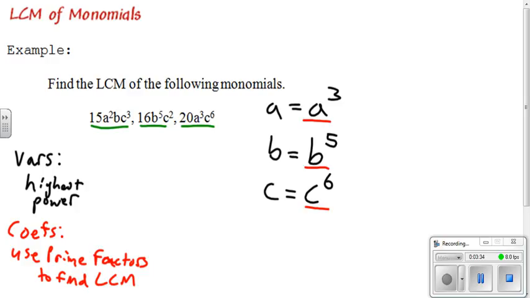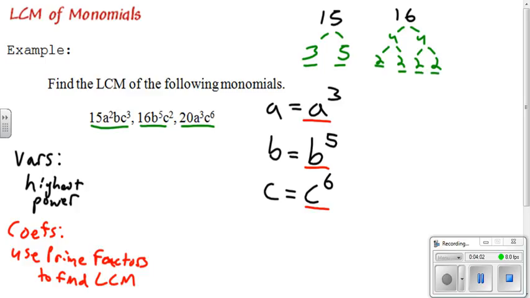Now we need to look at our coefficients. 15 is one of them. We can break that down into 3 and 5. And that's the smallest prime factorization that we're going to get from that. 16 we can break down into 4 and 4, which each would break down even further to 2 and 2. So our prime factors are 2, 2, 2, 2, which we're just going to call 2 to the 4th power.